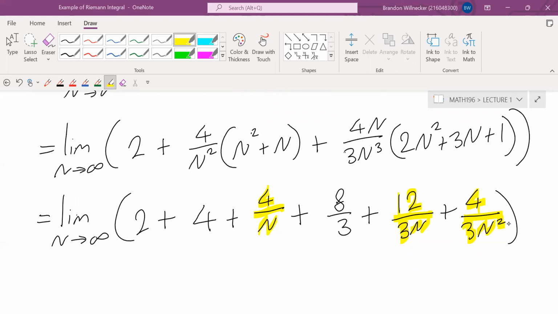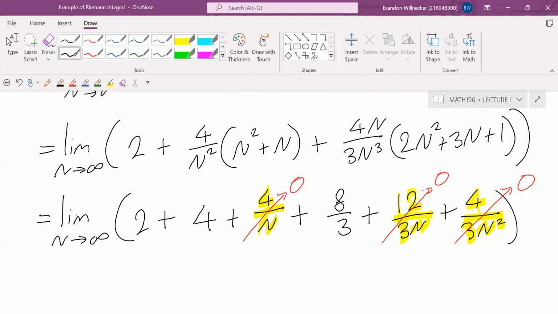So as the limit as n goes to infinity, the fraction will then go to 0. So all of them go to 0. So that one goes to 0, this one goes to 0, and this one goes to 0.